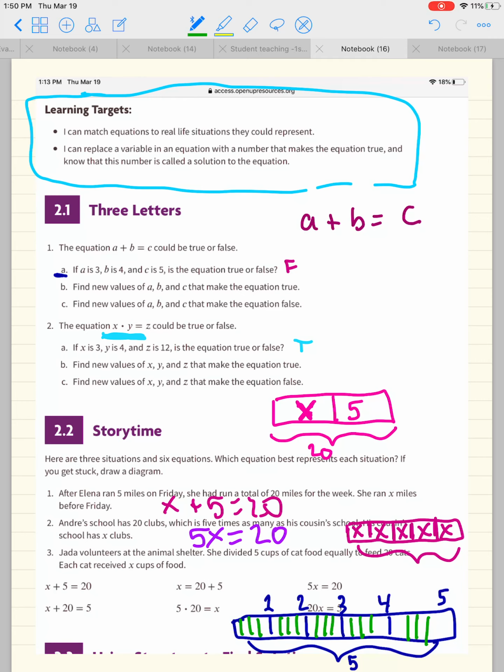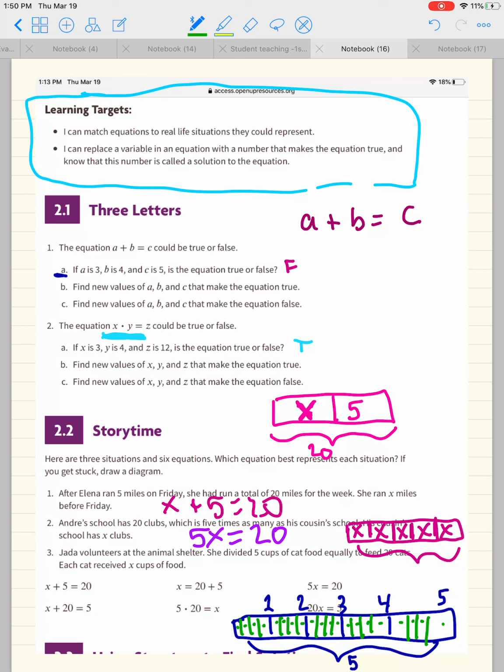I can go ahead and count all of these squares. 1, 2, 3, 4, 5, 6, 7, 8, 9, 10, 11, 12, 13, 14, 15, 16, 17, 18, 19, 20.